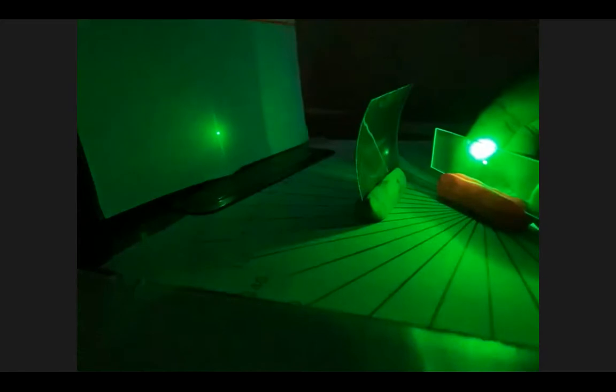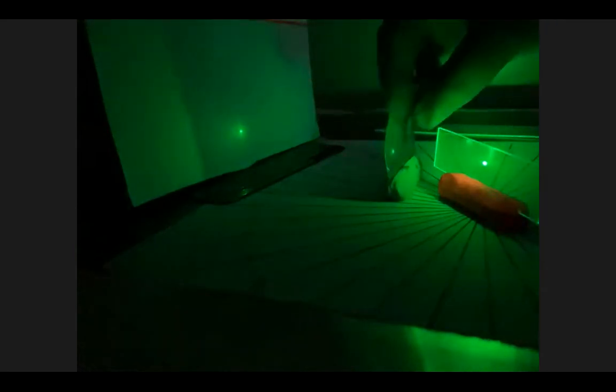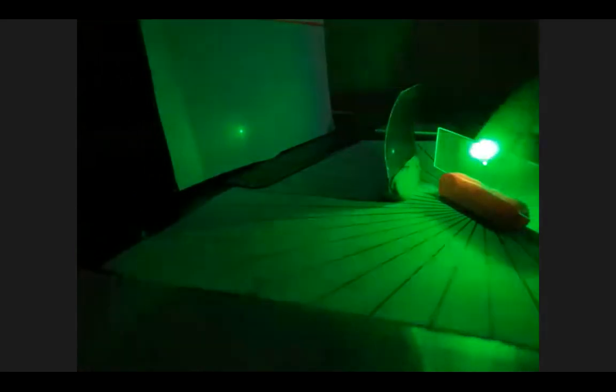If I rotate, it increases. If I go back, this is almost the minimum now. This is still decreasing, and beyond this, it will start increasing.